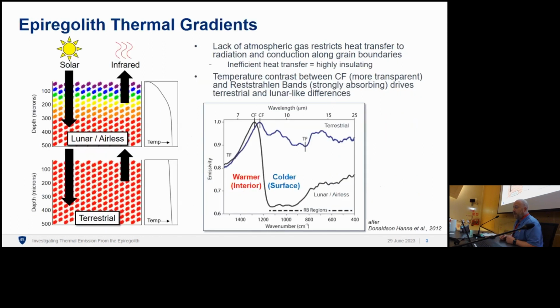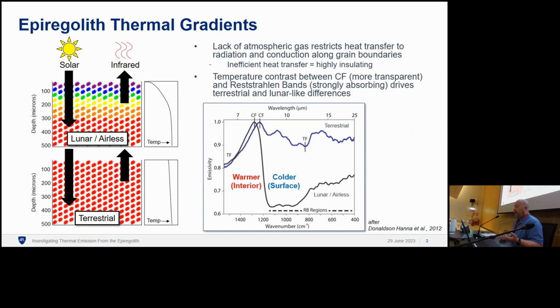All right, so here's a schematic of what I'm talking about. If you're on an airless body, there's the potential for having this thermal structure that we don't see on terrestrial planets. The lower left plot would be a terrestrial planet where you have an atmosphere. The atmosphere allows the thermal energy to be conducted very evenly, and you have either zero or a very weak thermal gradient.